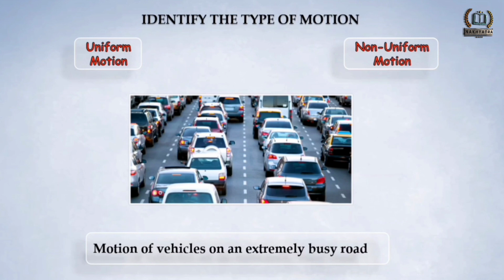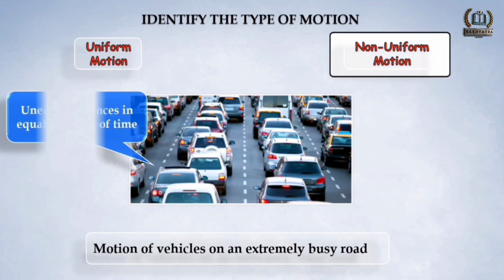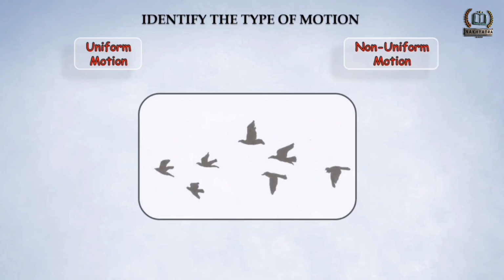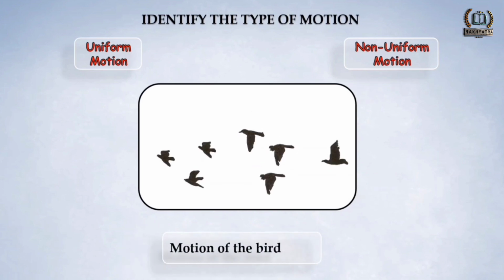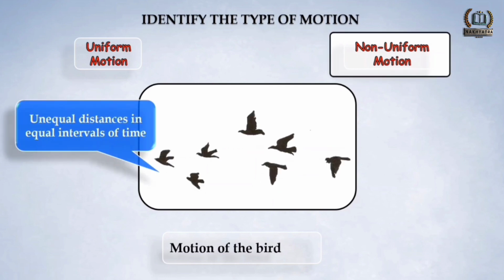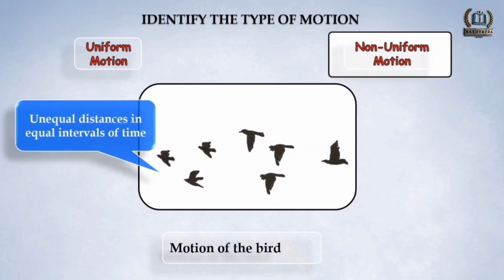Here also it is not uniform motion because it covers unequal distances in equal intervals of time. Therefore, it is non-uniform motion. Now see here, the motion of the bird. This example I already gave you. This is also non-uniform motion as it covers unequal distances in equal intervals of time.